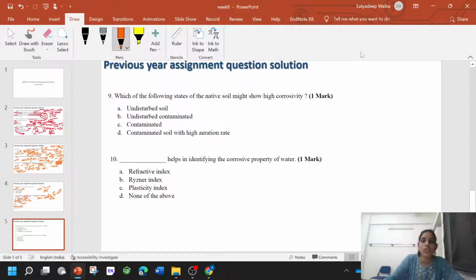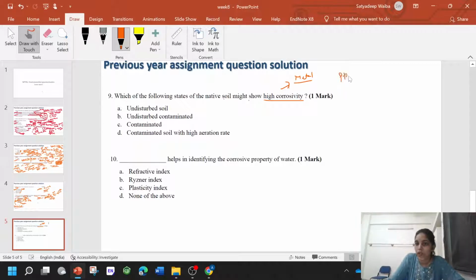Next is about corrosivity. Which of the following states of the native soil might show high corrosivity? Now, the corrosivity of a soil is how much it impacts the metal. We know that in the sediment, in the geomaterial, sometimes we find resources also. Let's say we have pipes.